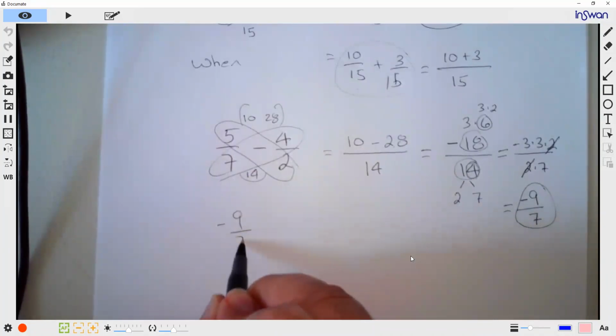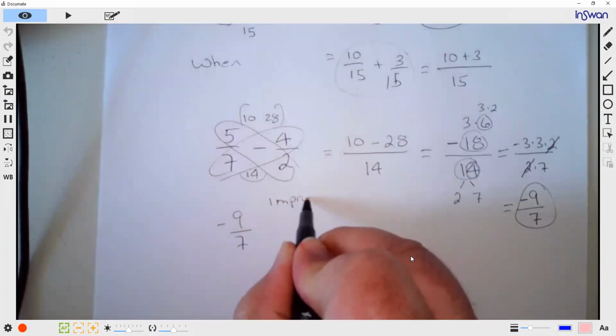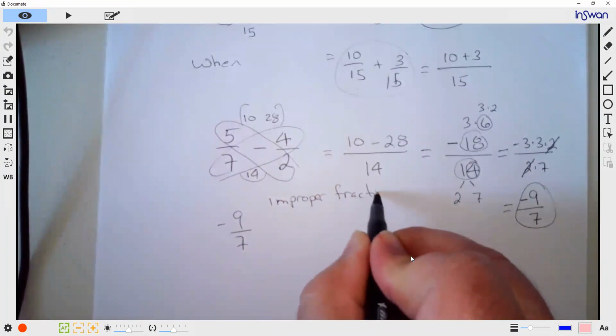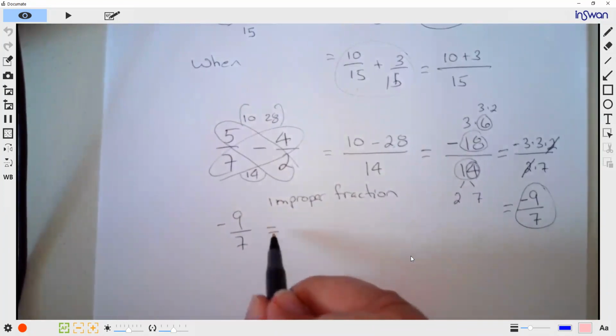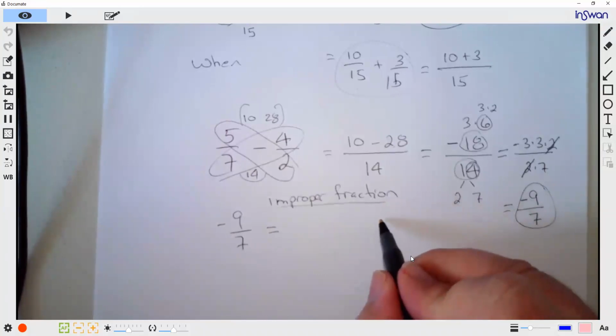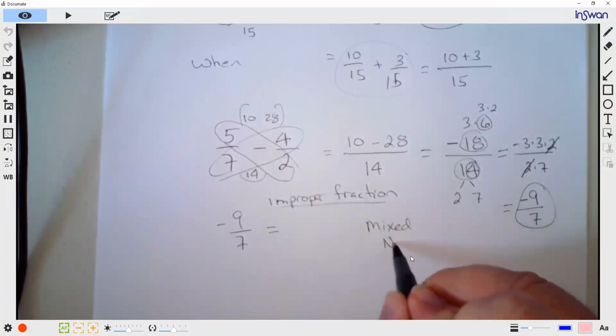Negative 9 over 7 is an improper fraction, because the top number is bigger than the bottom. Whenever you have an improper fraction, you have to convert it to a mixed number.